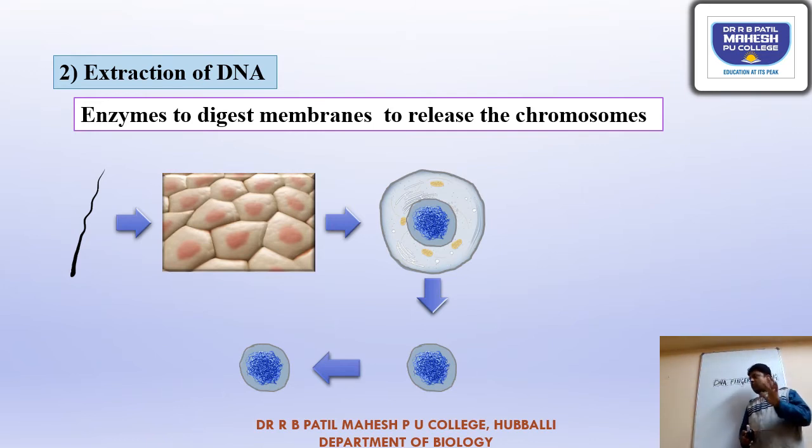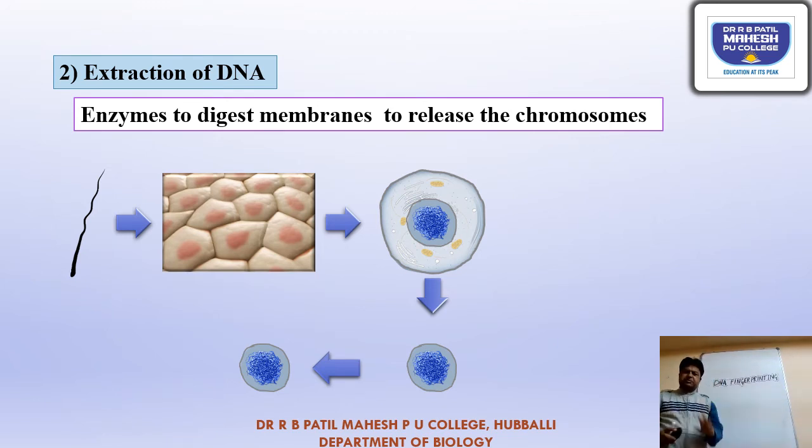Look at here. If the amount of DNA is very small, very negligible, that DNA is multiplied through the PCR technique, polymerase chain reaction.